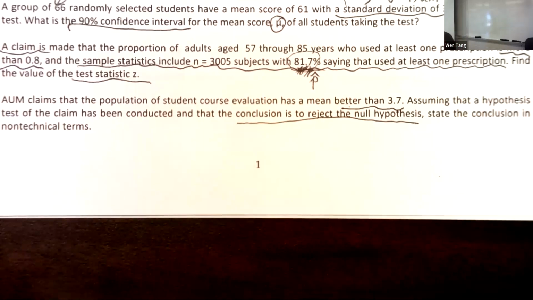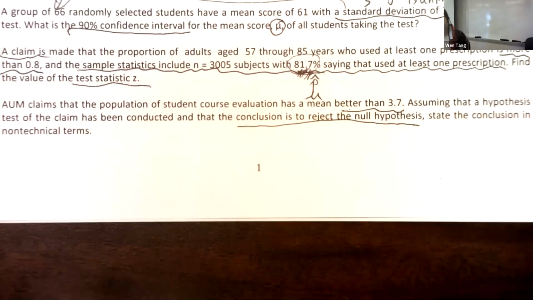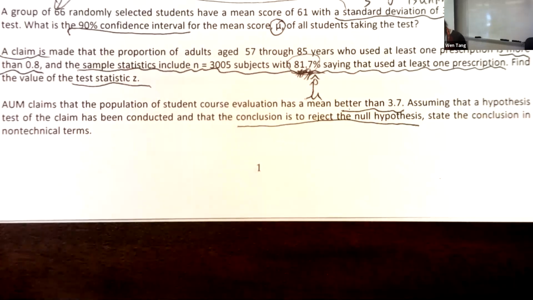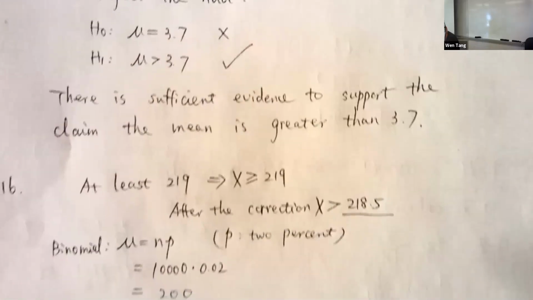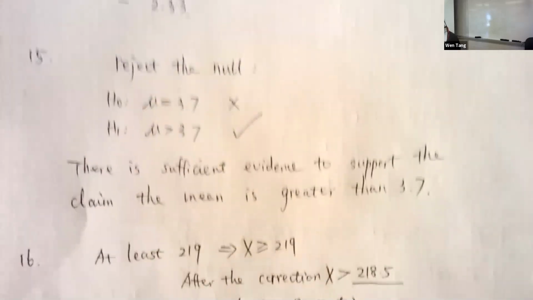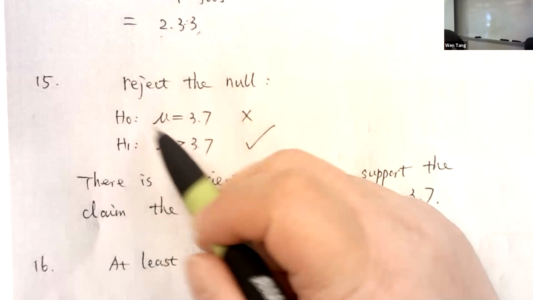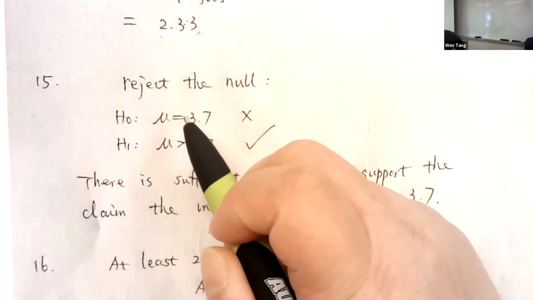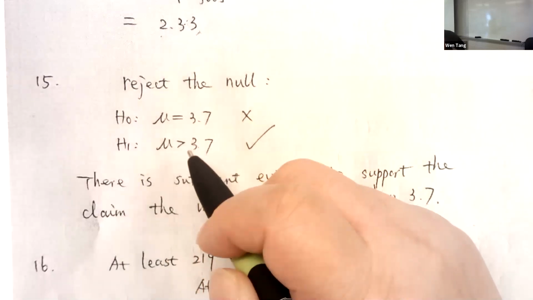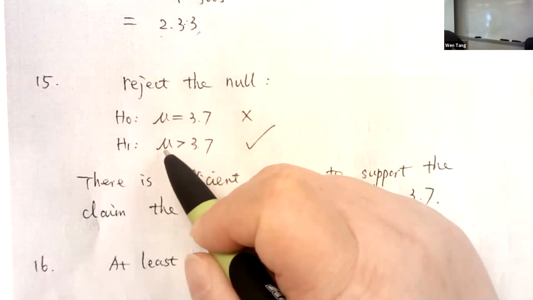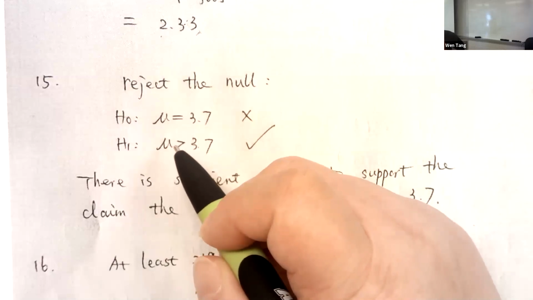So we're gonna use mu to represent mean. And we will list the hypothesis like this. Our null is mu equals 3.7, and our alternative will be mu greater than 3.7.